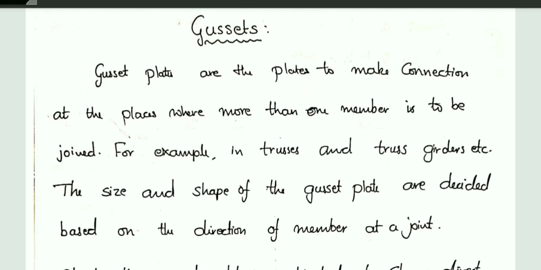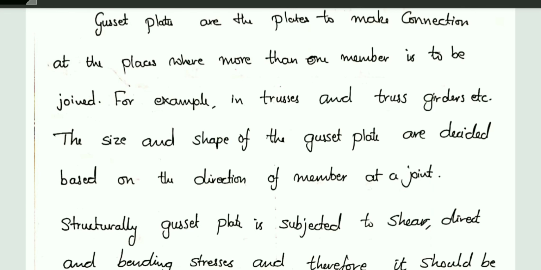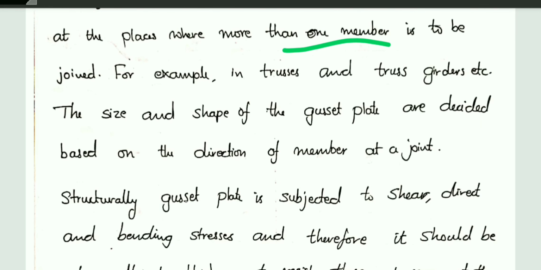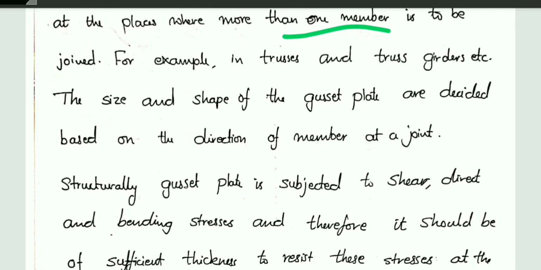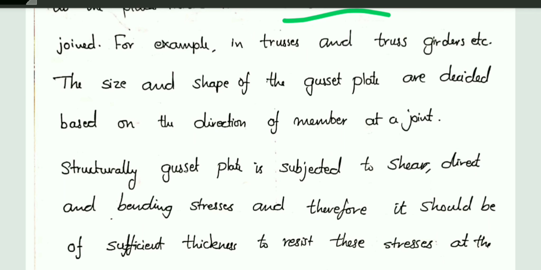Gusset plates are the plates used to make connections at places where more than one member is to be joined. If any joint connection is required, you will use a gusset plate, for example in trusses or truss girders, and in structural steel connections generally.